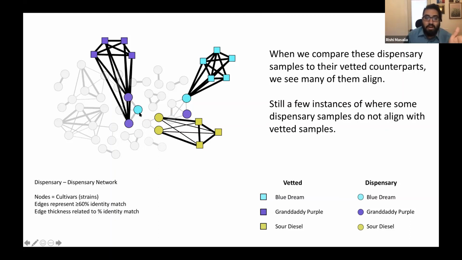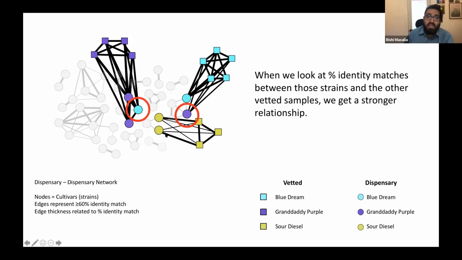Now for the eagle-eyed people, you notice there's a blue here and a purple here that are not connected to anything. And when we actually look at these samples and correlate them to the vetted material, we find that they have a strong genetic relationship. This blue one has a strong genetic relationship with these granddaddy purples and vice versa for this sample.